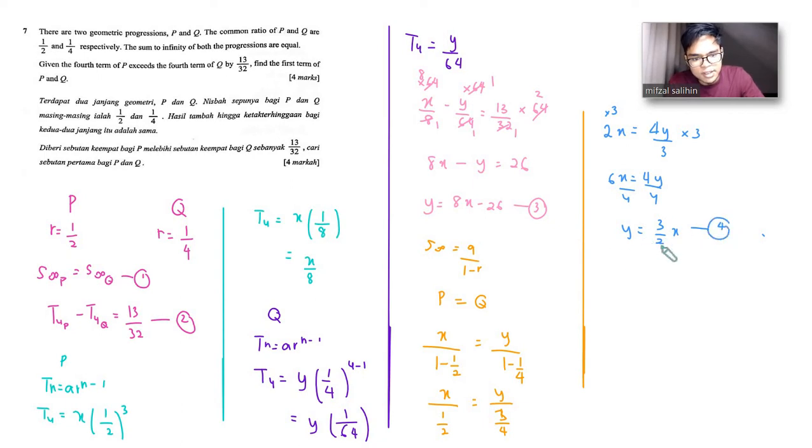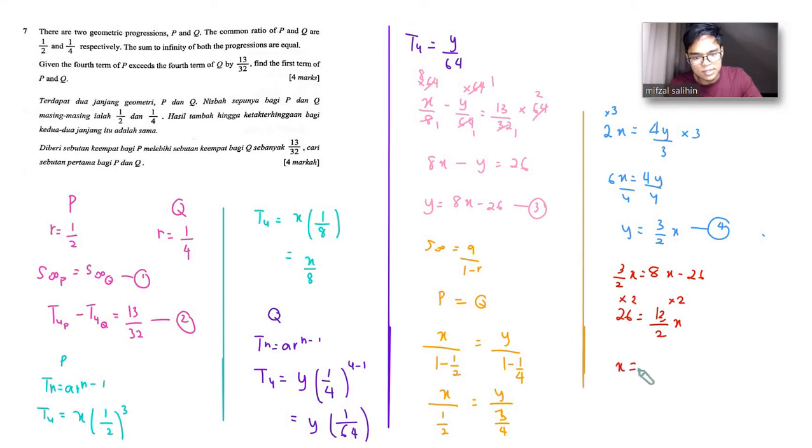So I'll just input the fourth equation inside the third equation. Therefore, we'll get 3/2 x is equivalent to 8x minus 26. So negative 26, we'll move it over there, and 8x minus 3/2 x is 13/2 x. So we'll solve this one and we'll get the value of x.